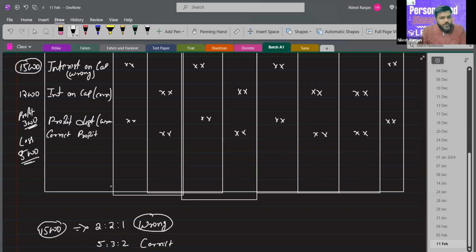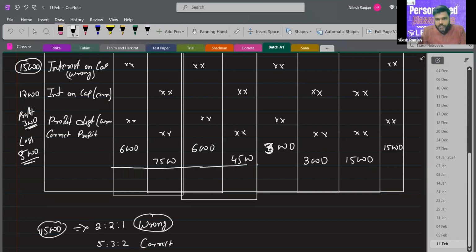So 15,000 in 2:2:1 will be 6,000, 6,000, and 3,000. The total of the partners is 15,000. Now you have to give them in the correct ratio, so it will be 7,500, 4,500, and 3,000. Again 15,000. Now if you compare, you can see there is a difference.